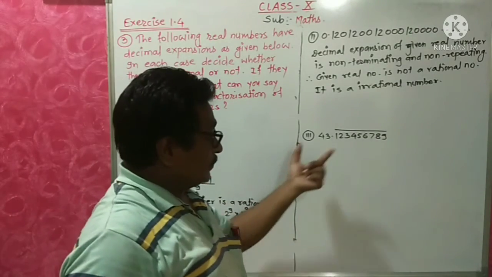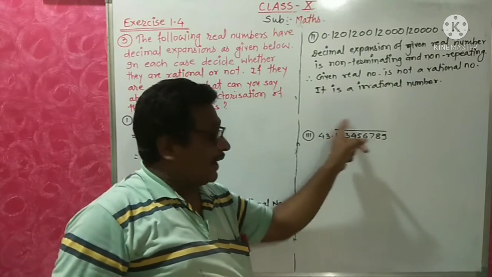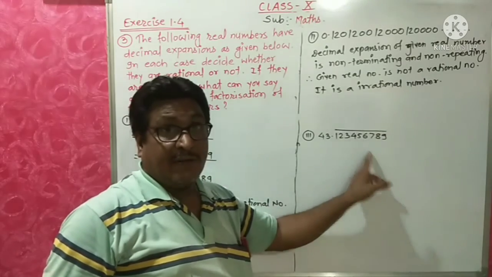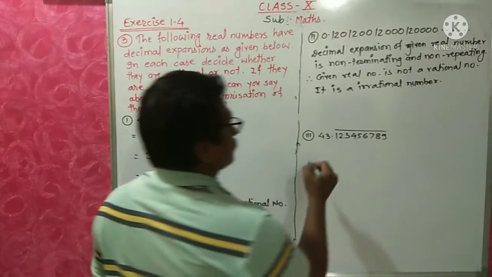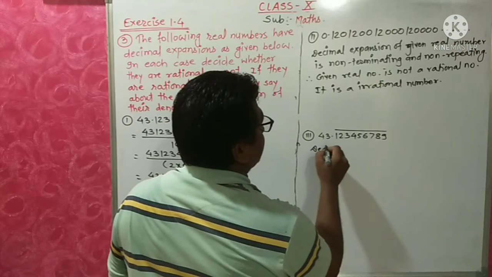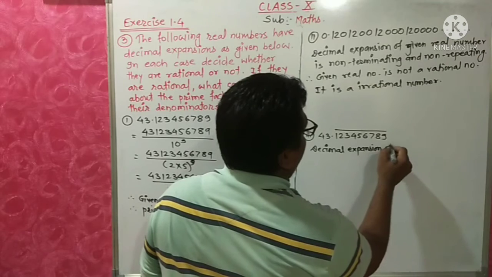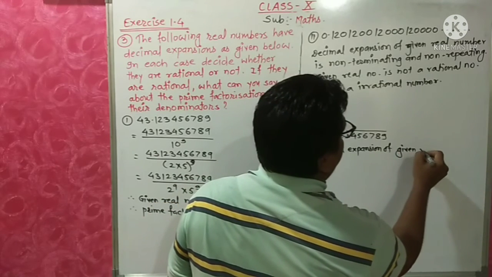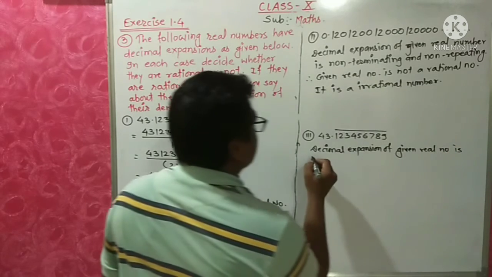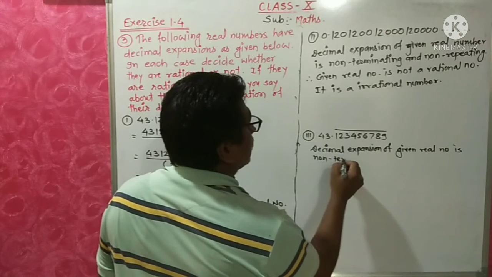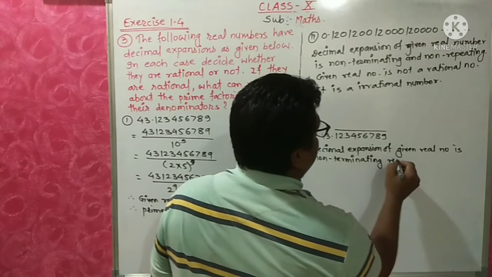So now this number is non-terminating, a bar is there. So it is non-terminating, repeating. A group of digits is repeating. So the decimal expansion of the given real number is non-terminating, repeating.